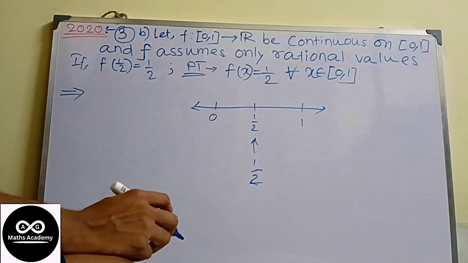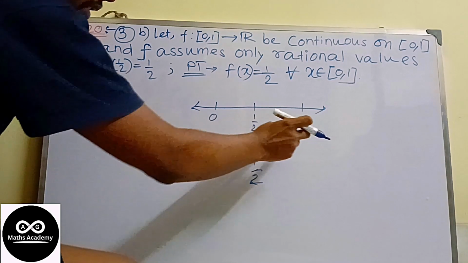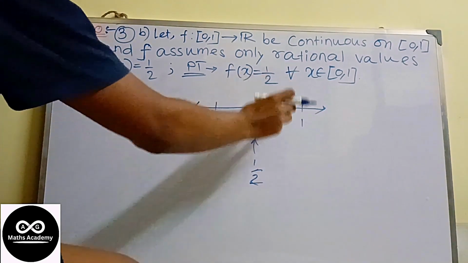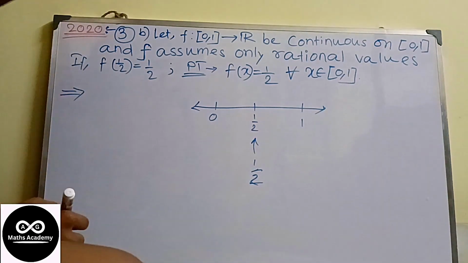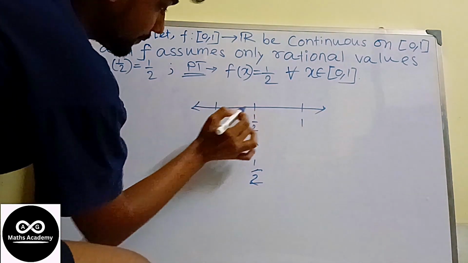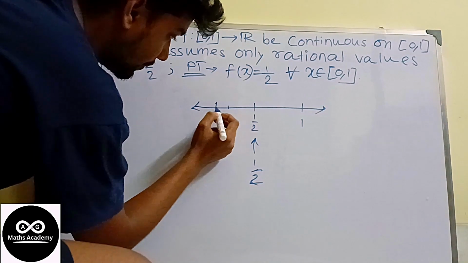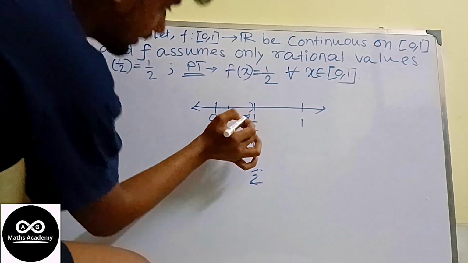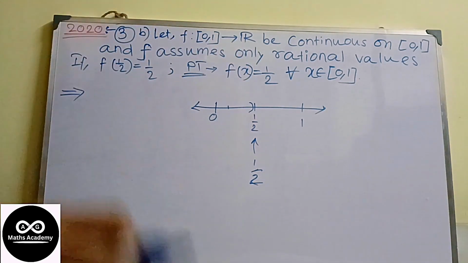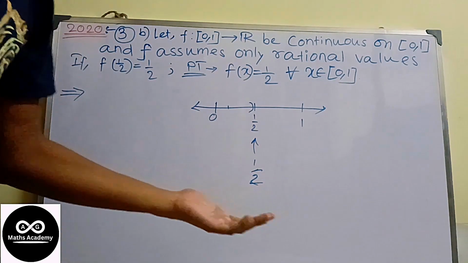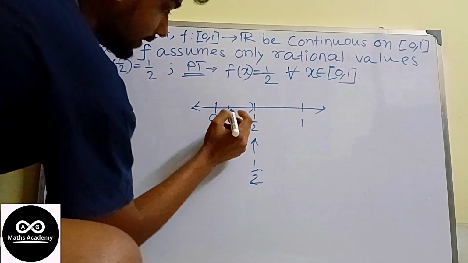Now we don't actually know what is f of 0, what is f of 1, or the other values except this one. This one is half. So now how we're going to approach this is, first we are going to take a point from 0 to half, which is not half but less than half. Let's say x1.